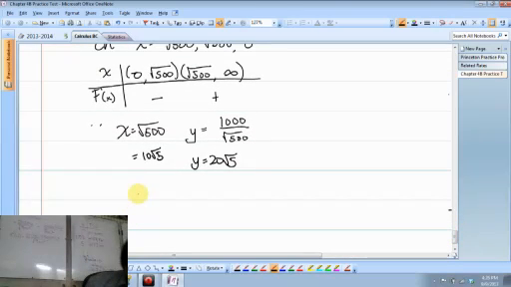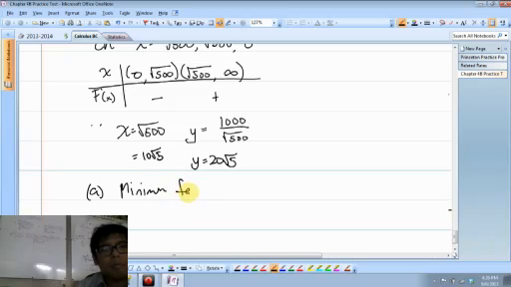All right, so question A. What's the minimum amount of fencing you could use? So minimum fencing. That was equal to 2x plus y, if I remember correctly.